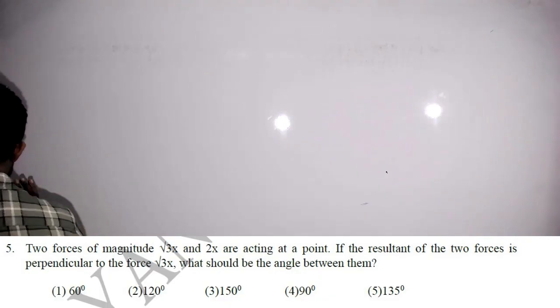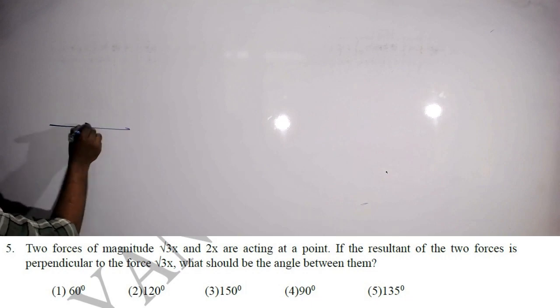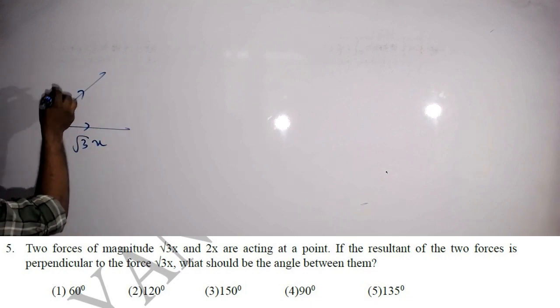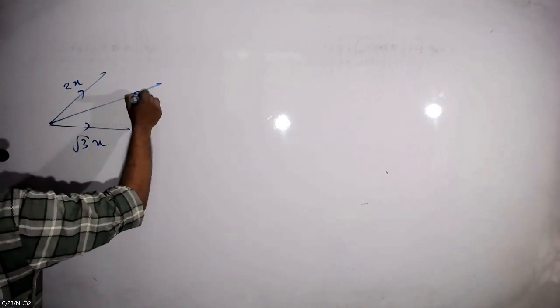This question is a bit of a special question, right? Let me explain the question. Two forces of magnitude root 3x and 2x are acting at a point. If the resultant of the two vectors, this one is the resultant.